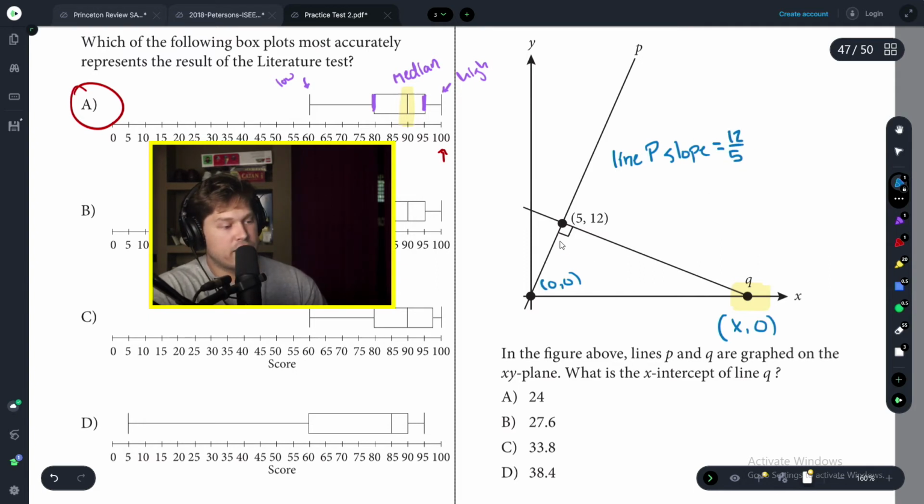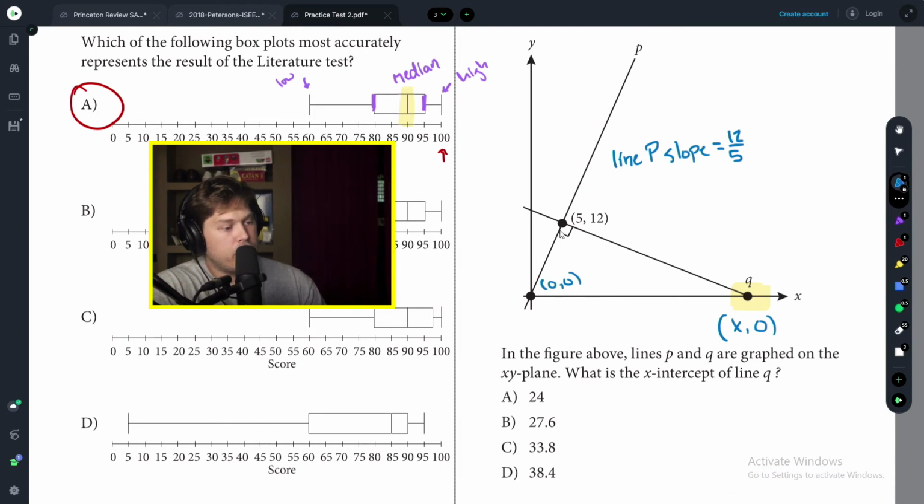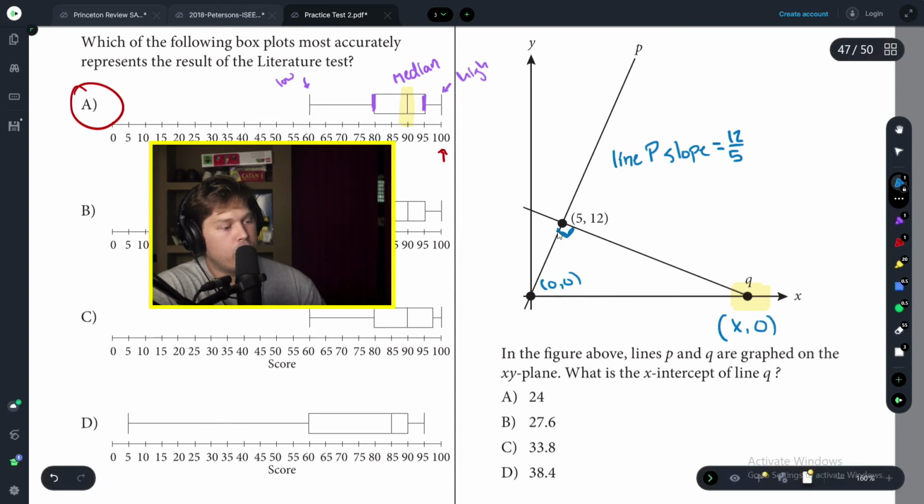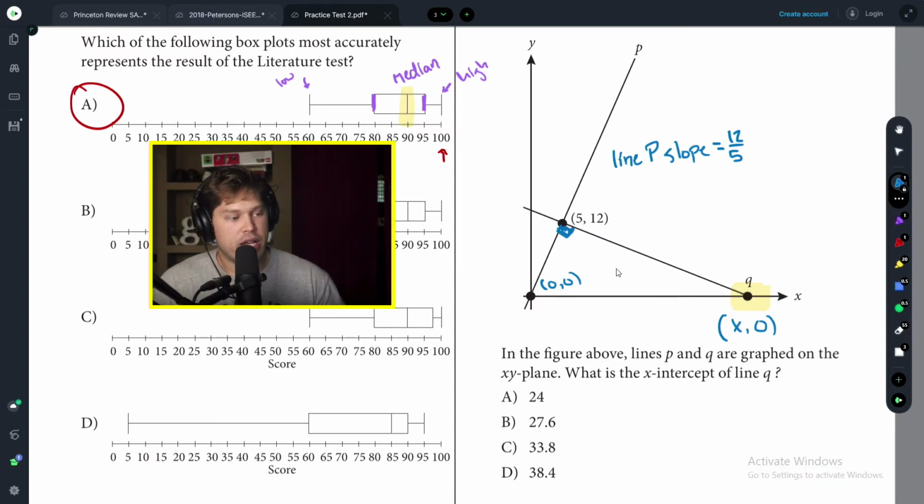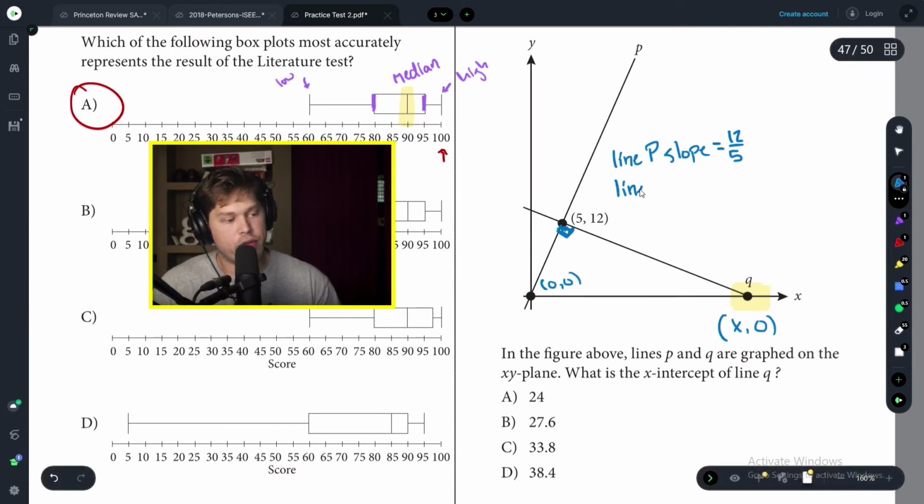And notice that line Q forms a right angle with line P. Therefore, line Q is perpendicular to line P. So what's a perpendicular slope? Well, it's the negative reciprocal. So line Q's slope is going to equal negative 5/12.